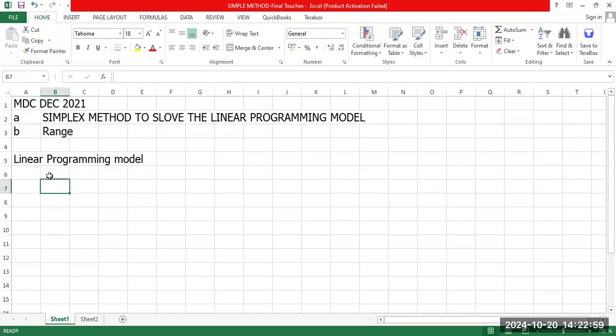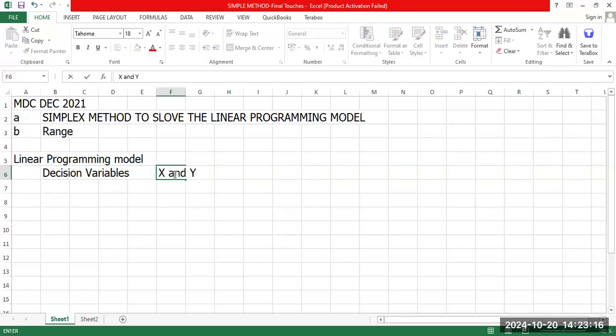And when you check, your decision variables are what and what? The decision variables in this question are just x and y.